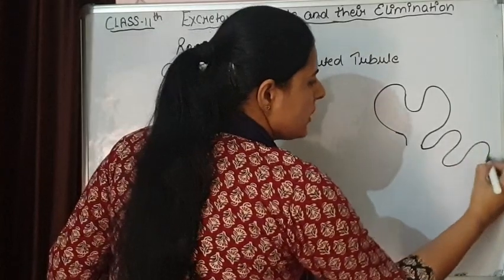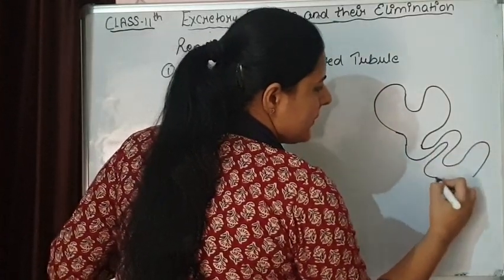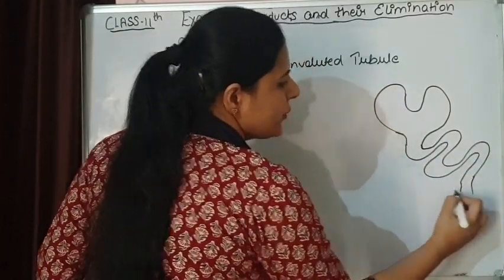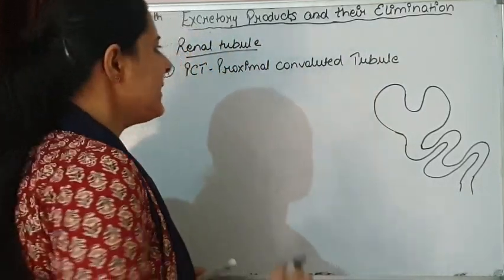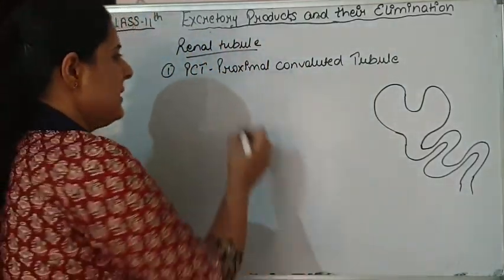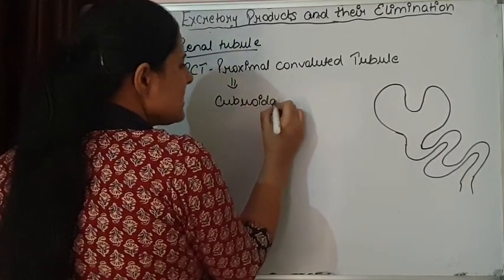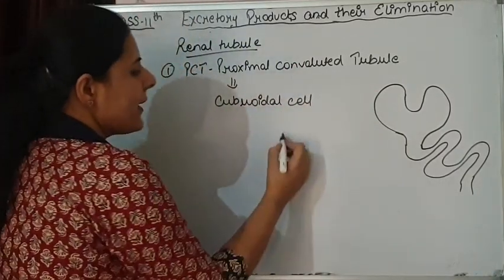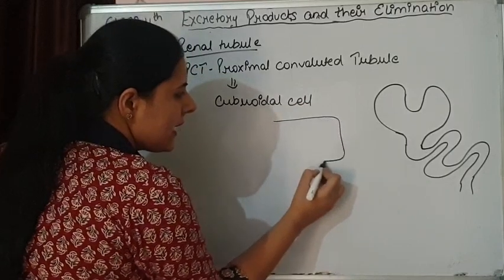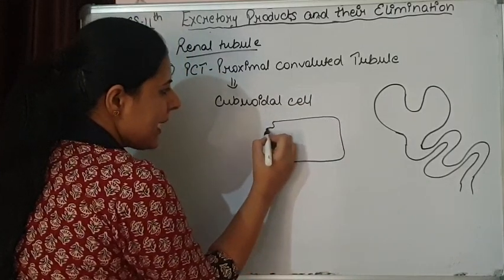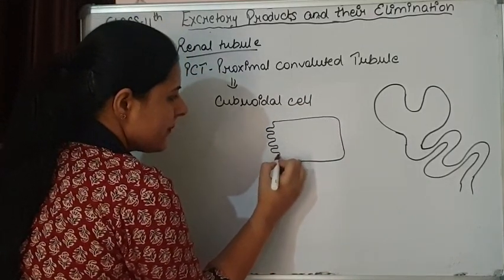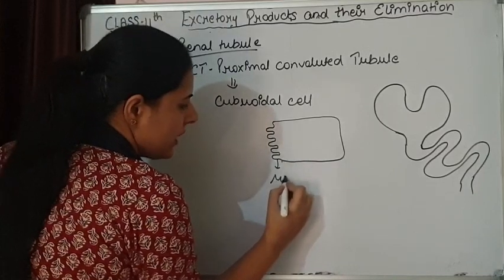This is how the PCT will be present. A coiled tubular structure, and if we see the cells, this PCT comprises cuboidal cells, and these cuboidal cells bear finger-like projections called microvilli.